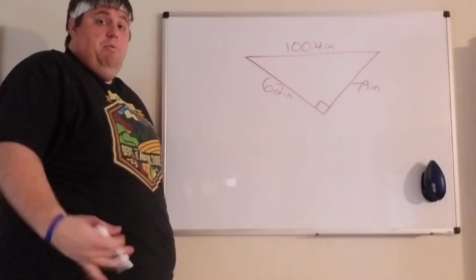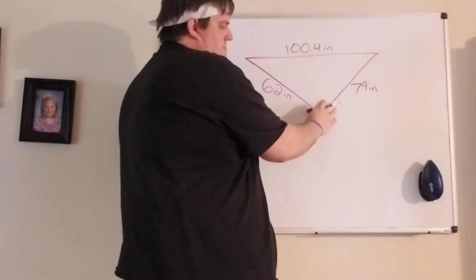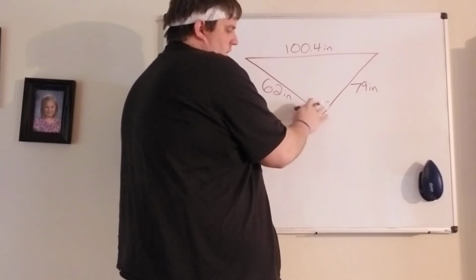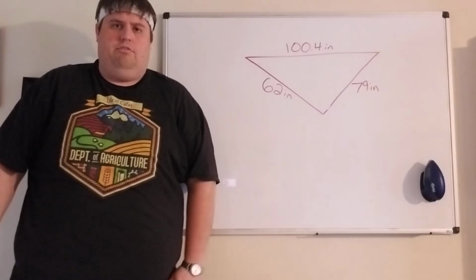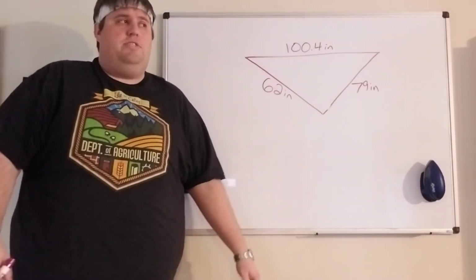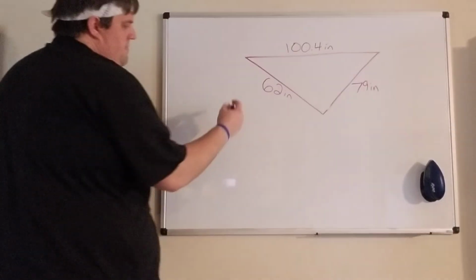All right, and we want to know, oh, my bad. We don't know that yet. We want to know, is this a right triangle? We don't know if it is, but we're going to use the converse of the Pythagorean theorem.